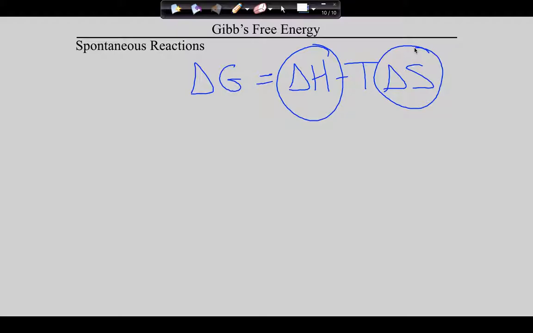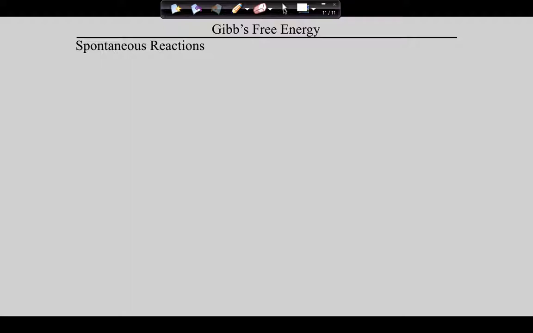The way to do that is Gibbs free energy. At the end of your notes, it says if Gibbs free energy change is less than 0, it's spontaneous. If it is 0, it's at equilibrium. If it is greater than 0, positive, then the forward process is not spontaneous, but the reverse is. Okay, so the question becomes, how do we calculate this?